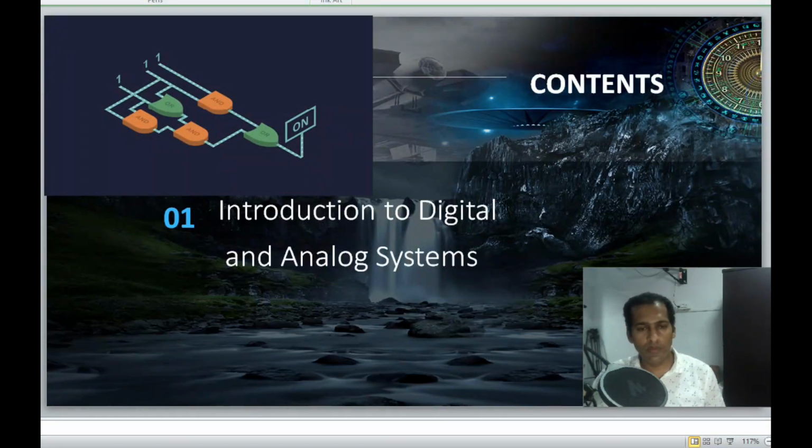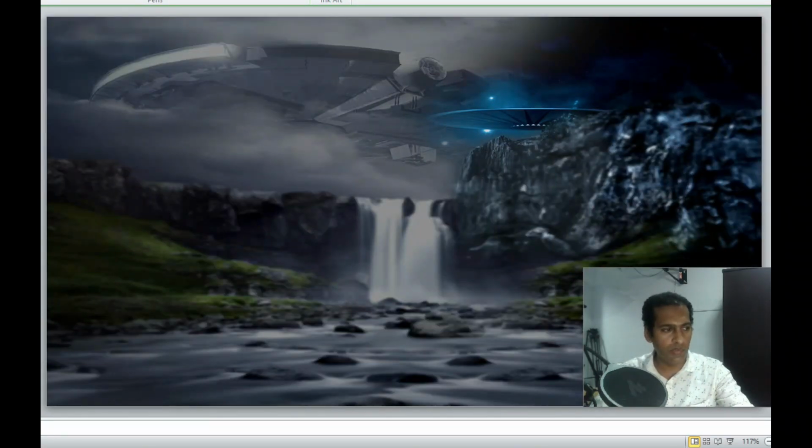Today in our session we will have an introduction to digital and analog systems. In that context, first I would like to give some benefits. What are the benefits of these systems, so that we can get more interest in the subject?